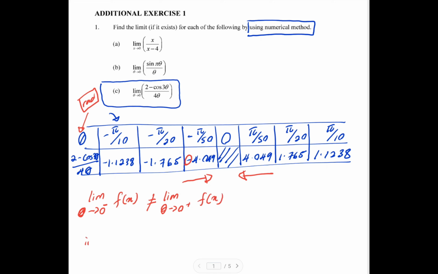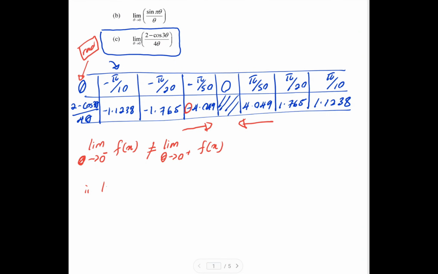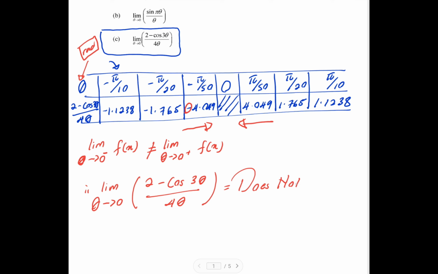Therefore, we can conclude that the limit as theta approaches 0 of the function 2 minus cos 3 theta divided by 4 theta does not exist.